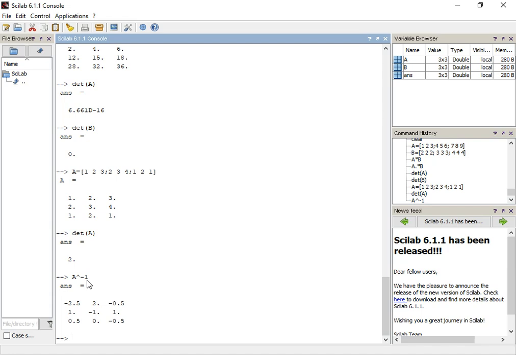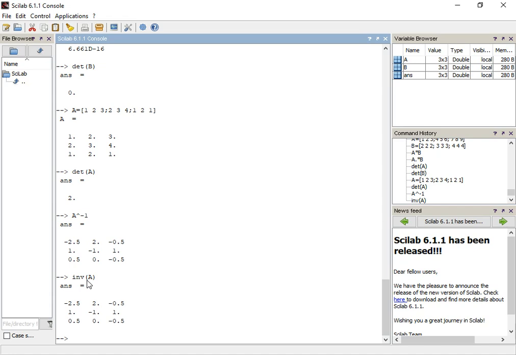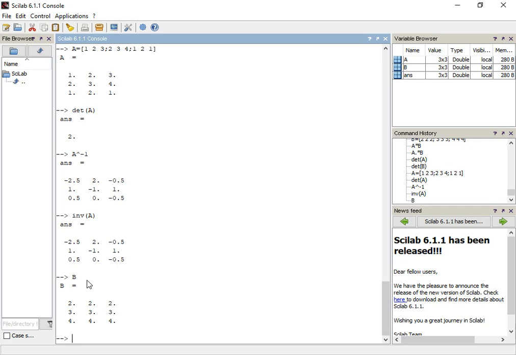The other command to find the inverse is inv of A, and that will give you the same inverse of the given matrix A. Okay, so now you know that matrix A is invertible. B is not, as already defined, 2, 2, 2, 3, 3, 3, 4, 4, 4.